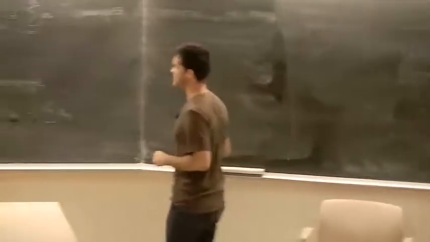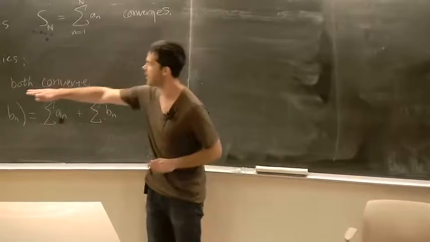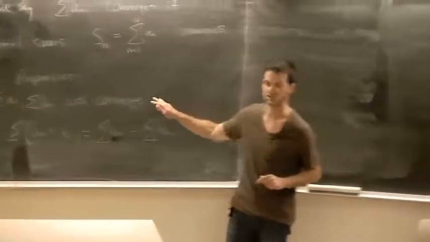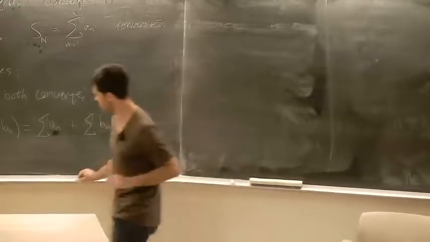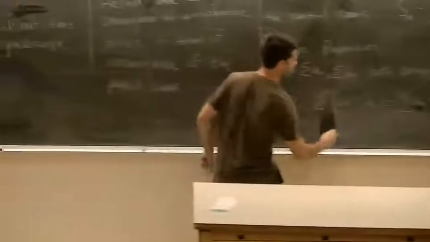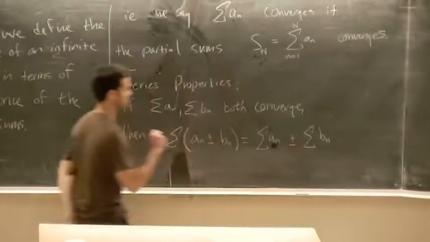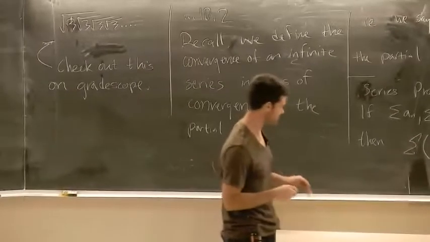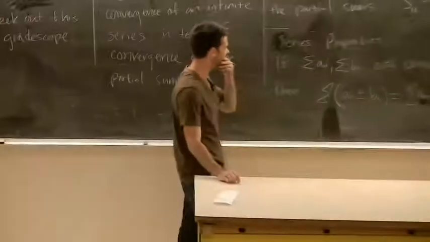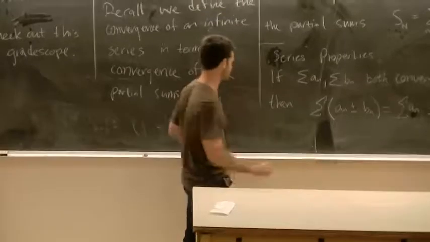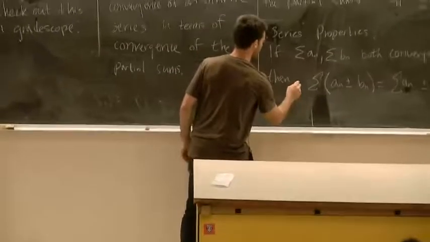So, and again, crucial that we need both of those series to converge in order to be able to apply this. And I said add, we can also subtract too, so I'll put a minus sign there. That's one property.